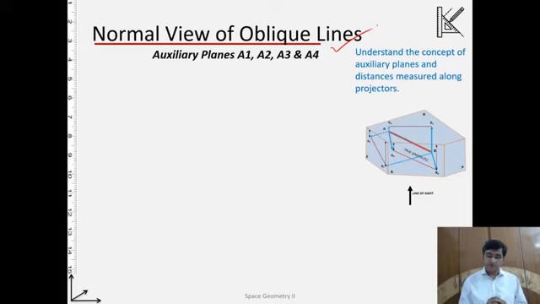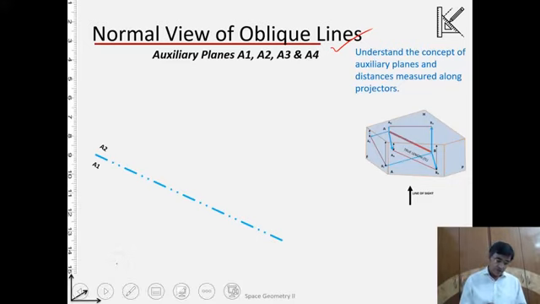Let's see some examples. So the examples here, first is this, let's say, and in this example I'm taking the planes as A1, A2, A3, A4. Either of these, A1, A2, A3, A4, they can be also the principal planes. But right now let's take the terms as A1, A2, A3, A4. Let in A1 and A2 I know the projection of a line.